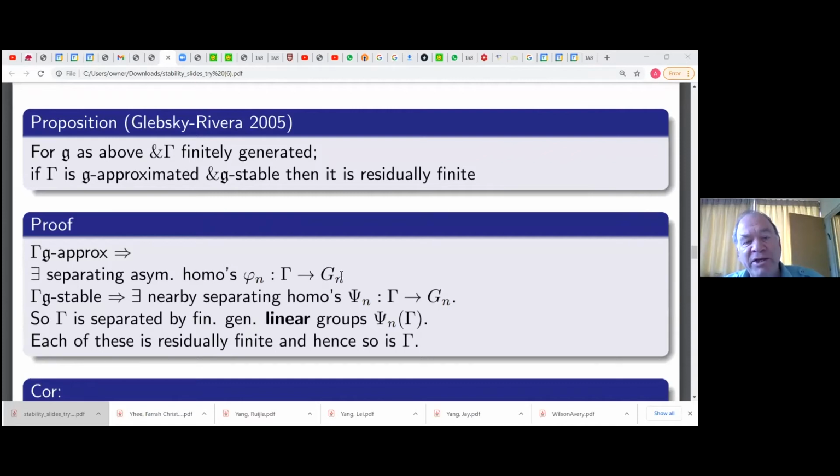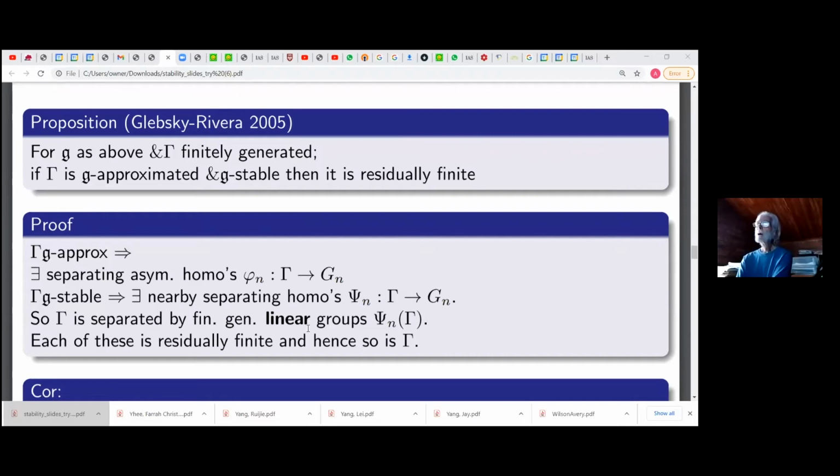If Gn is the symmetric group, we finish. If it's Un, then the real meaning is that Gamma is separated by homomorphisms to linear groups, but Gamma is finitely generated, so the images are also finitely generated. We know that every finitely generated linear group is residually finite. This goes back to Maltsev. I mentioned it in the first slide, and you know, this is like a play of Chekhov.